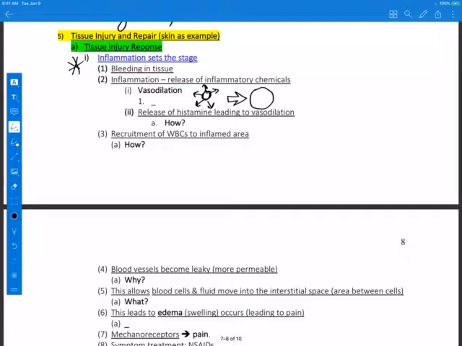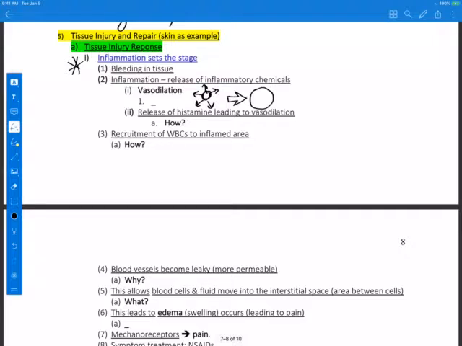The body has a way of recruiting white blood cells to the inflamed area, and that's a good thing because white blood cells have the capability of protecting your body against foreign invaders and disease-causing agents like pathogens. Well, how do you recruit white blood cells to the inflamed area?